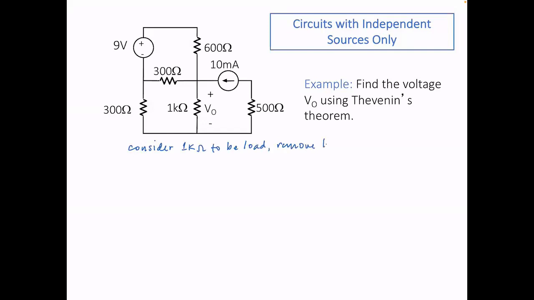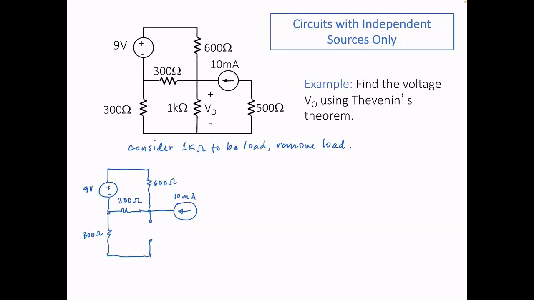So what's left, if we do that, is your 9-volt source, 300 ohms, 600 ohms, 10 mA, 300 ohms, and 500 ohms. The 1K we have now removed.